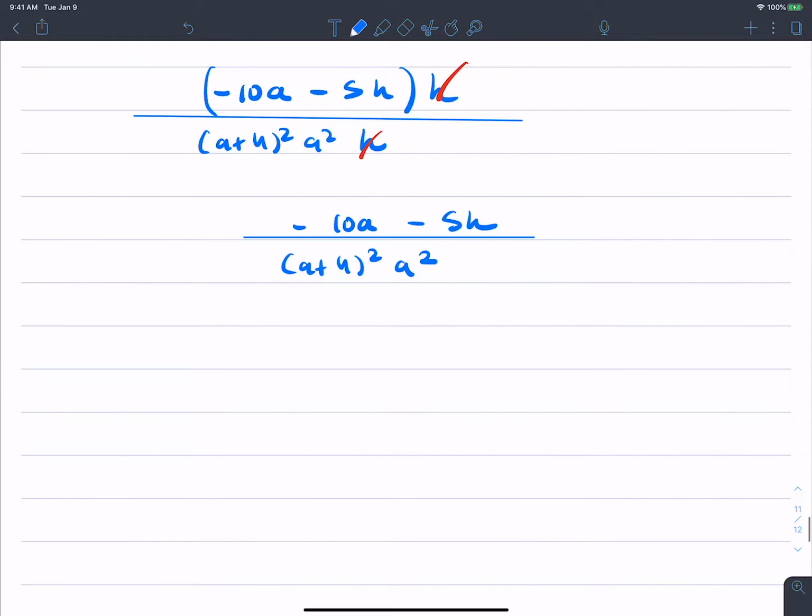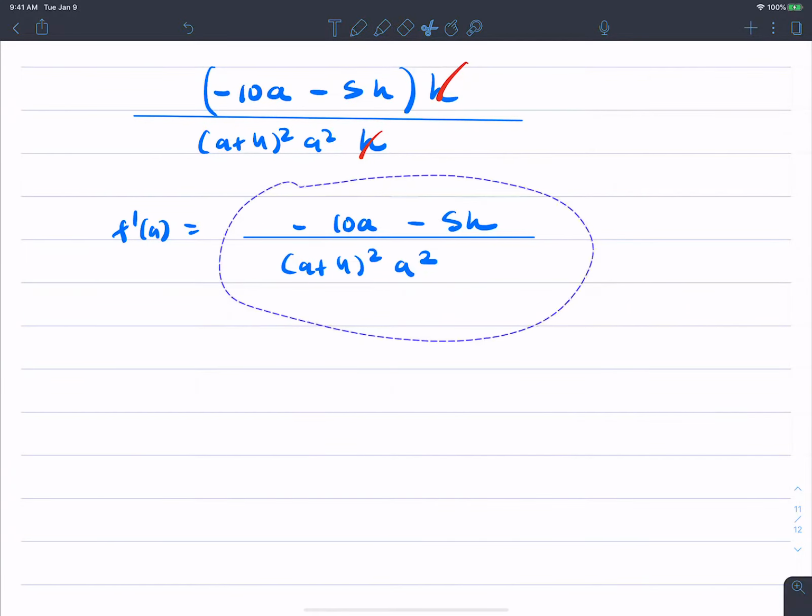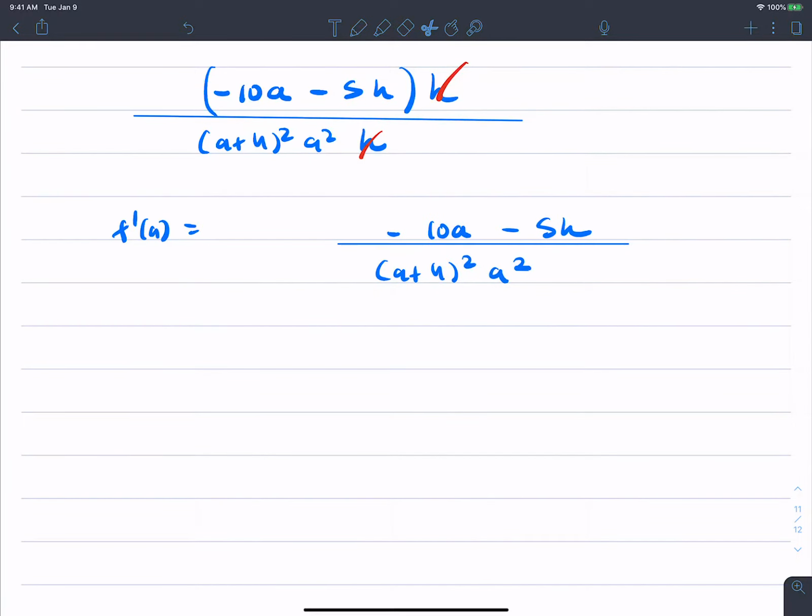And now remember, we take the limit. So we have f prime of a is the limit as h goes to 0.